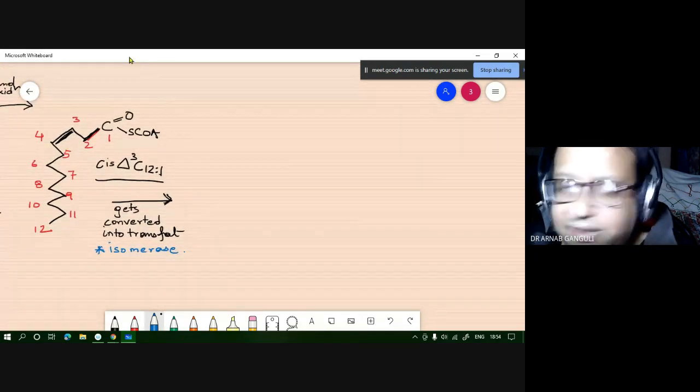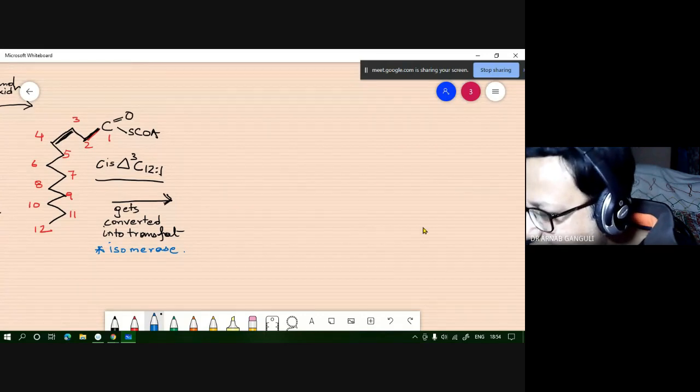Trans fat over here. So essentially it's the same, C12 remains, but it becomes trans fat.